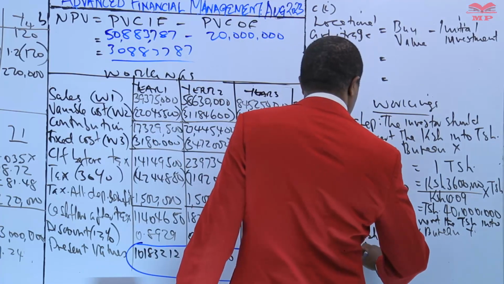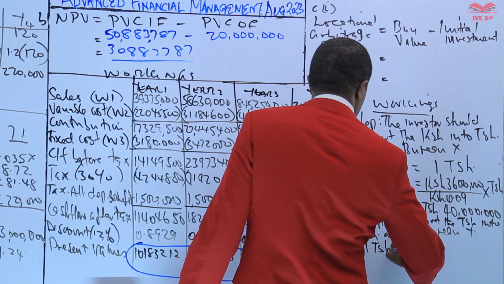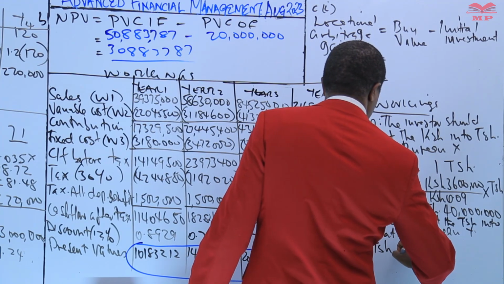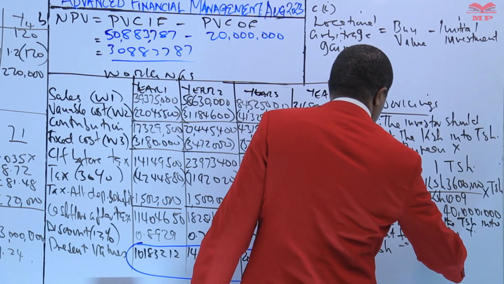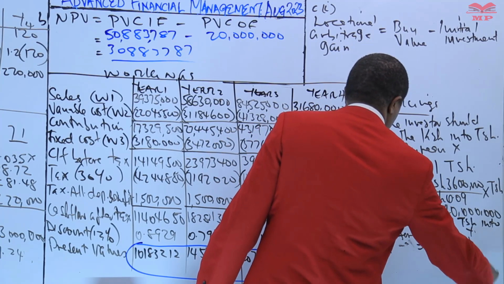So 1 Tanzania shilling here is equivalent to Kenya shillings 0.11.